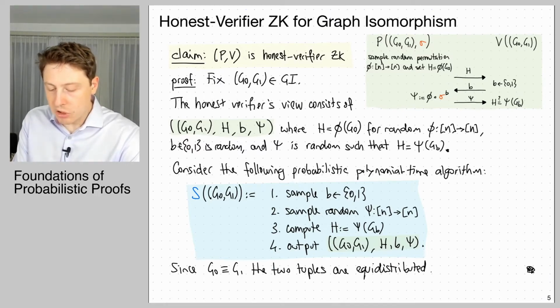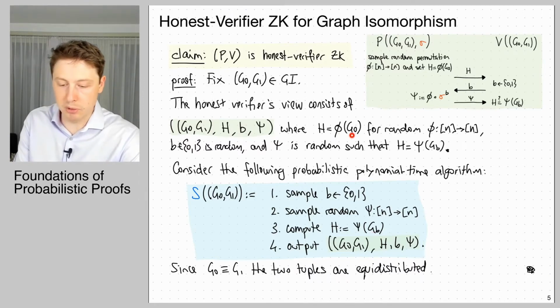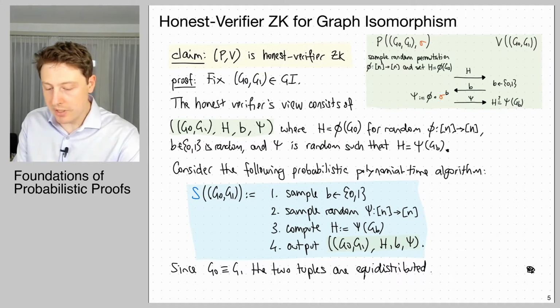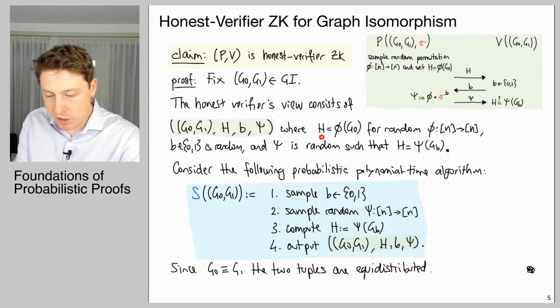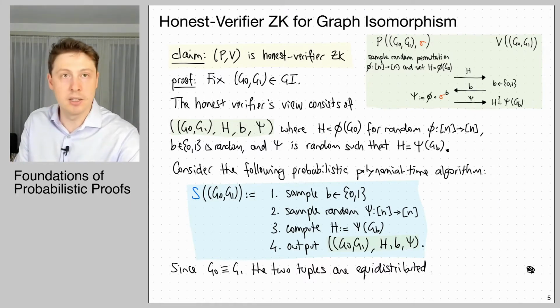But look, G0 is isomorphic to G1. It doesn't matter if we start from G0 or G1. Here we started from G0 and we moved to a random graph. Here, whether we start from G0 or G1, it doesn't matter. They're isomorphic. They're in the same equivalence class. So H, as computed here and as computed here, are distributed identically.